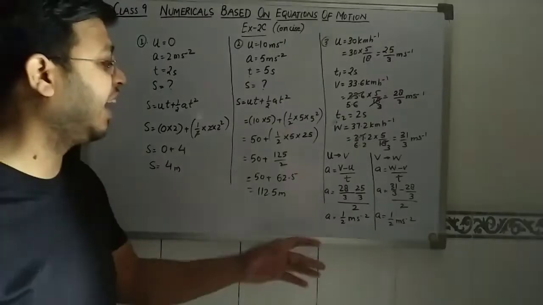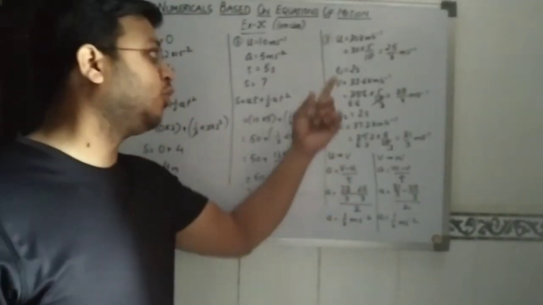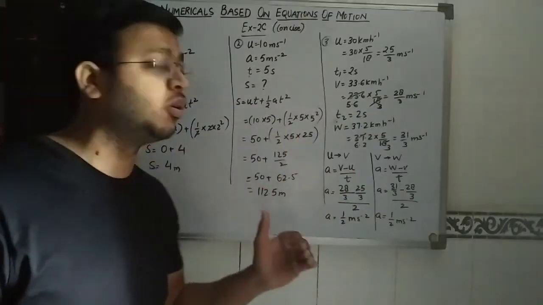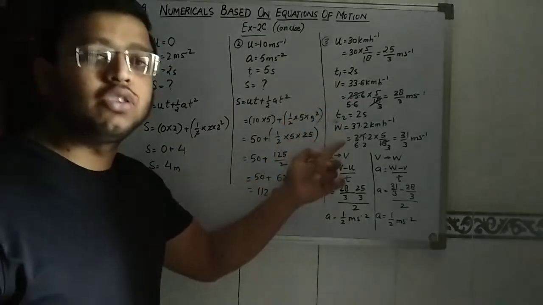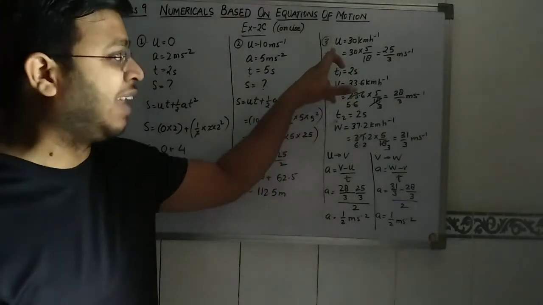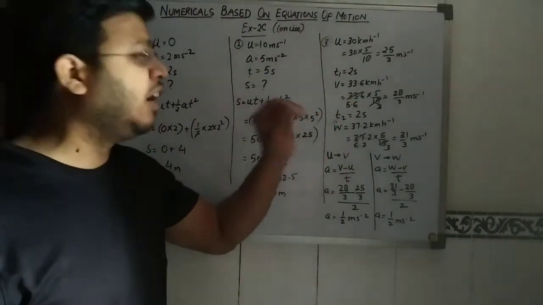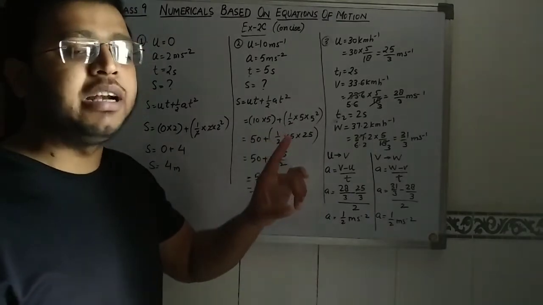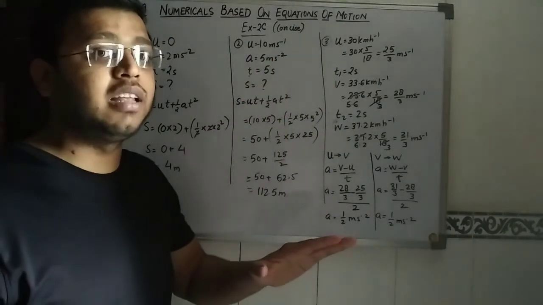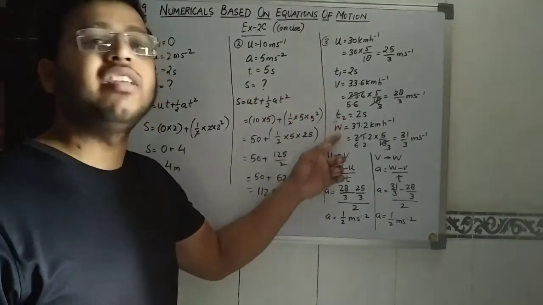As we can see, in this question, if we understand the language of the question, we have overall 3 velocities. No problem, we can write them with different symbols like u, v and w. And 2 time intervals are given: one when the velocity u is changing into v, and the second when v is changing into w.